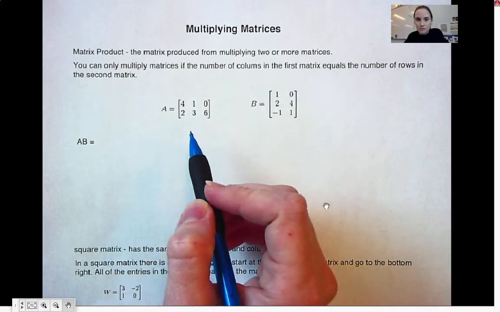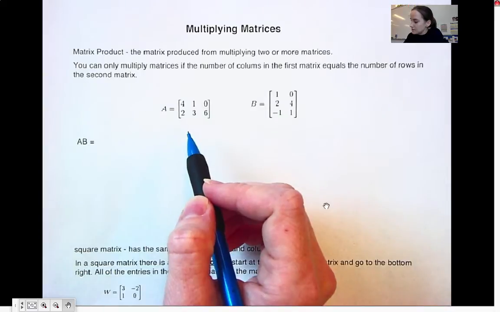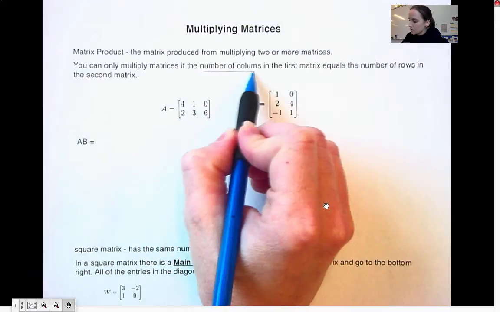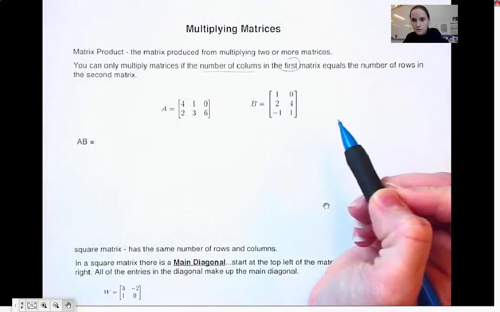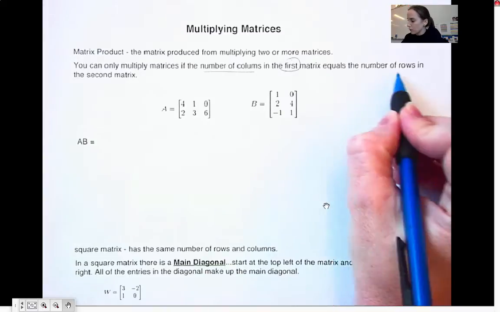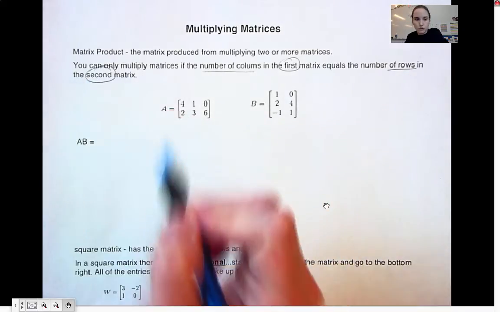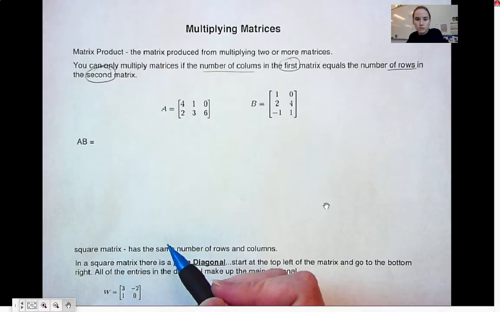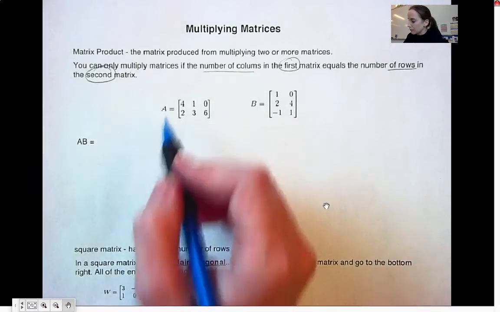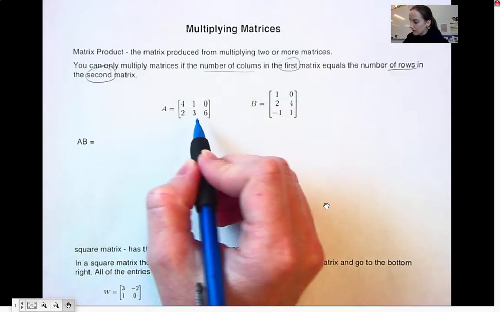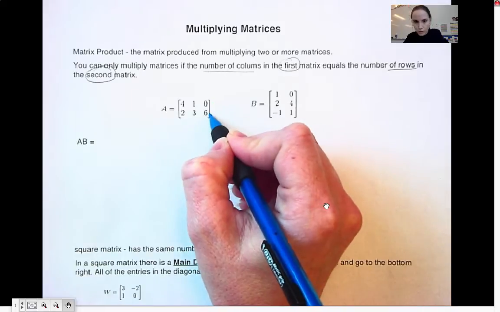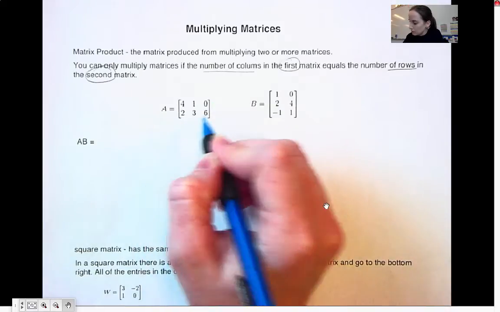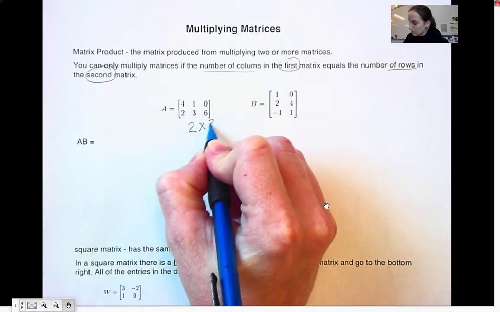The thing that is very important is that the number of columns in the first matrix has to equal the number of rows in the second matrix. So the first thing you need to do is look at the dimensions. For A, the dimensions are 2 rows and 3 columns, so this is a 2 by 3.